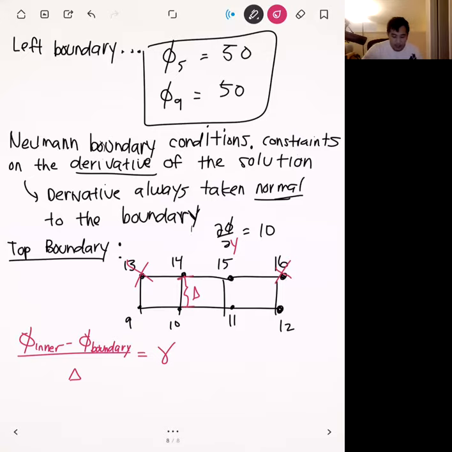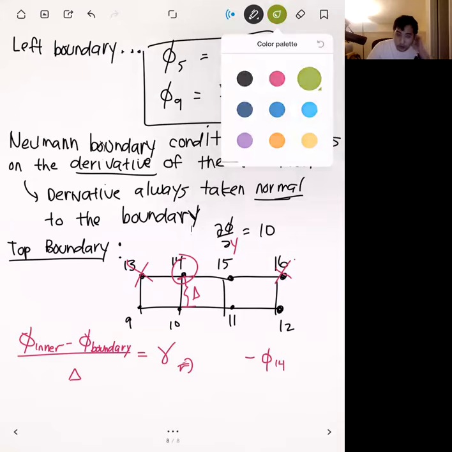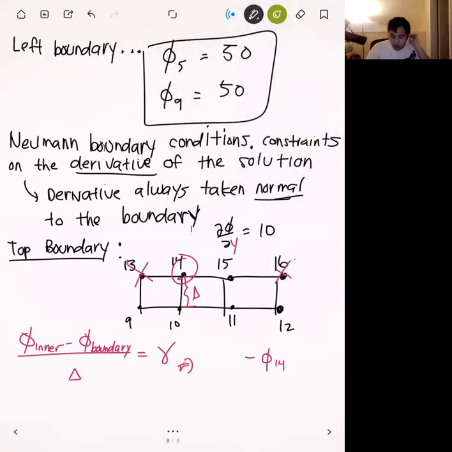Okay. And so let's take this information and apply this equation to node number 14, which is our first Neumann boundary here. And so for node number 14, the boundary node is obviously going to be 14. And so we're going to have a minus phi 14, right? And then in order to apply the inner one, we have to look at its immediate inner neighbor that goes away from the boundary.